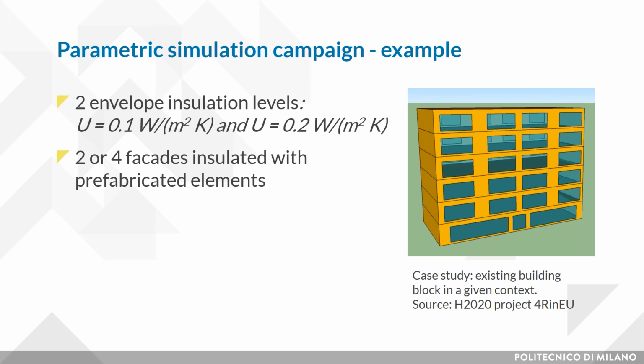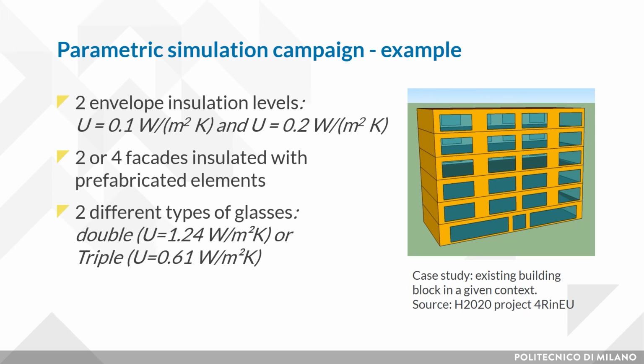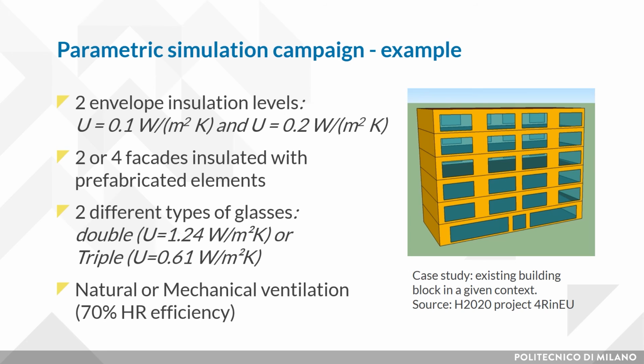2 different types of glasses, again characterized with the thermal transmittance 1.24 and 0.61 watt per square meter Kelvin, and the presence of natural or mechanical ventilation. And in the case of mechanical ventilation, we considered a heat recovery efficiency of 70%.